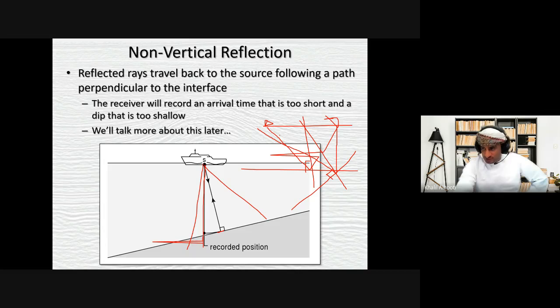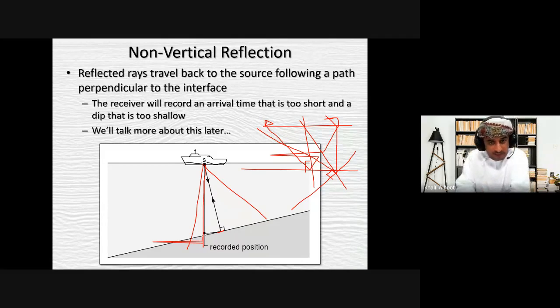But that's the shortest path. That's the path where the ray arrives earlier than any other path. I want the earliest arrival. That's what I care about. That's what I'm listening for: oh, the ray arrived, the energy arrived back to me.